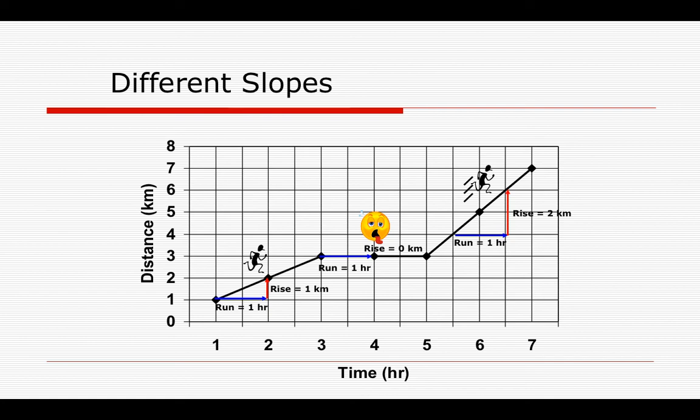Now let's talk about the horizontal part. You see, here the rise is 0, although we do have a run from 3 to 4. Since the rise is 0, 0 divided by the run gives you 0, hence the speed is 0.